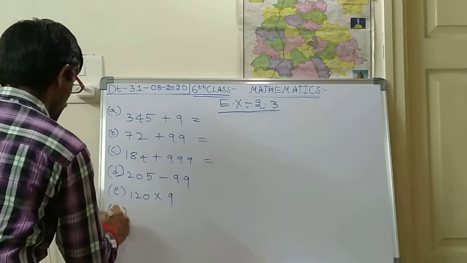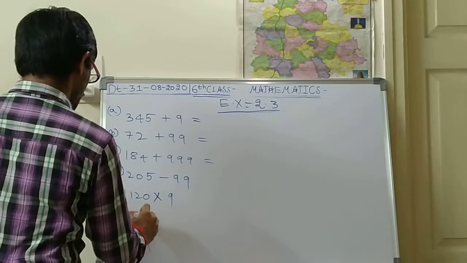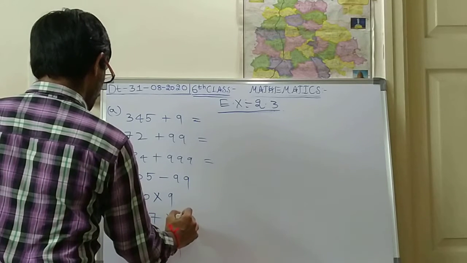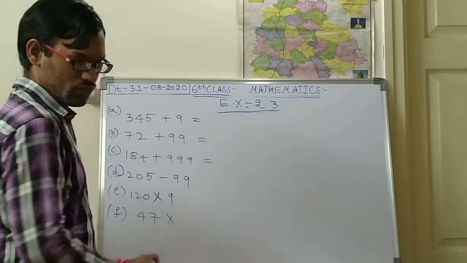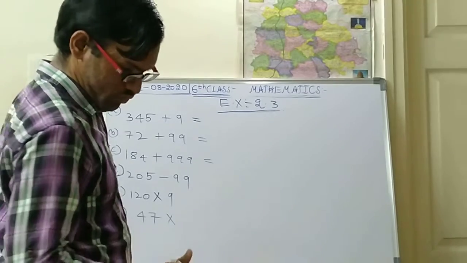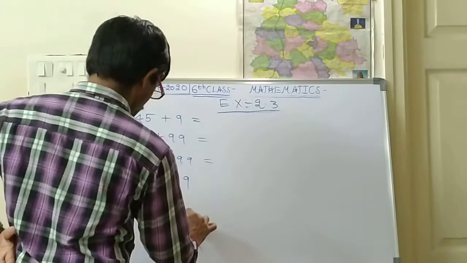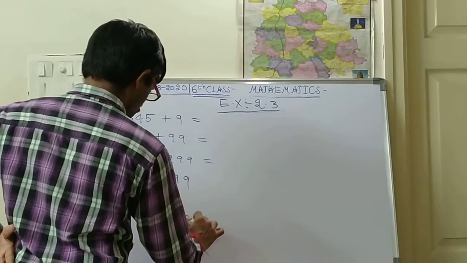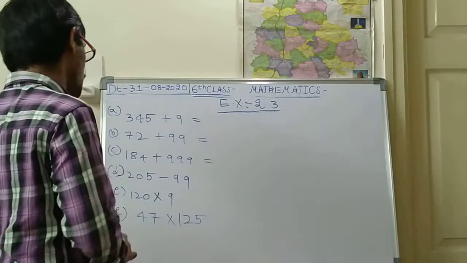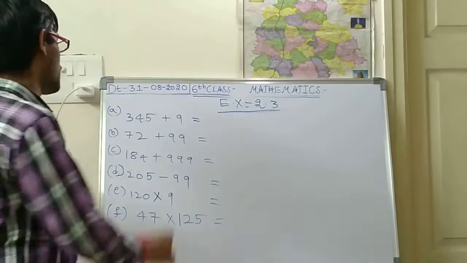Next, 47 into 25 and 47 into 125. Okay, these are the 6 problems you are supposed to do as homework, children.